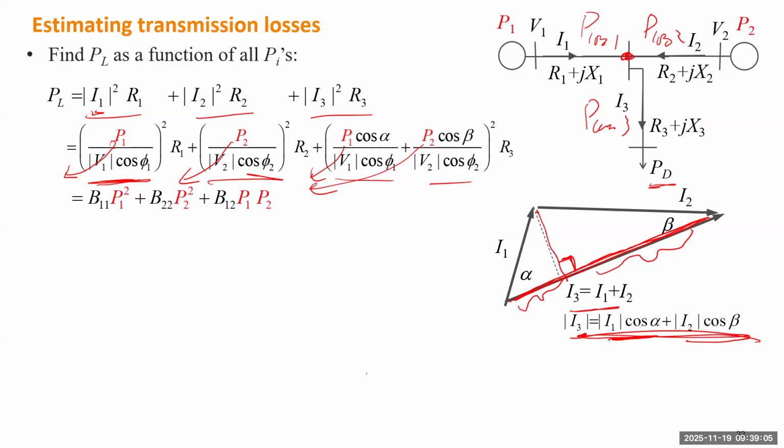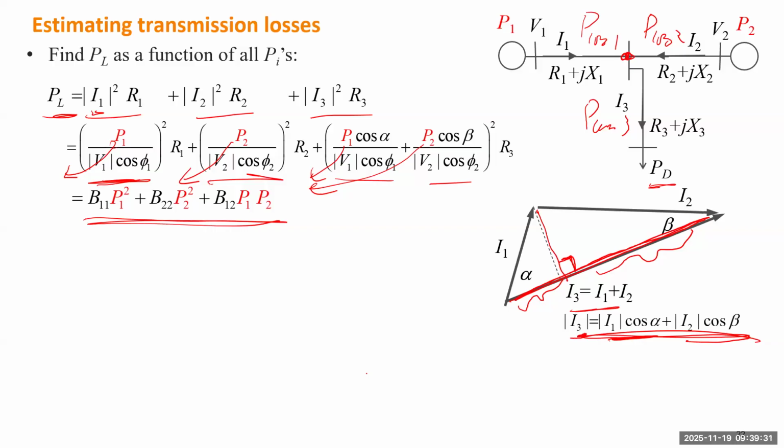If the system doesn't change the topology or the parameters, and the operating condition will be about the same, you can always do this by solving power flow. And finally, when you calculate the total loss, it will always be similar to this quadratic function. So you just need to find the parameters or coefficients B11, B22, and B12.